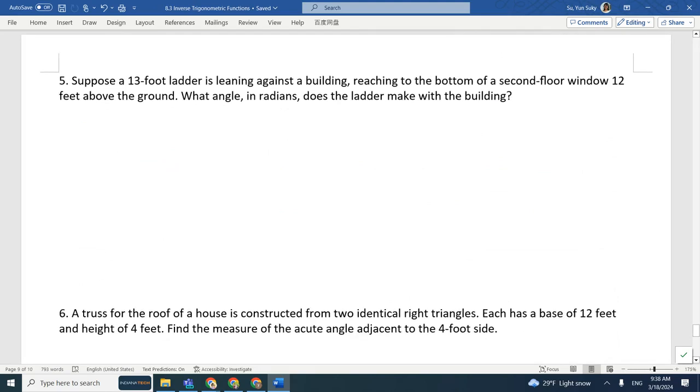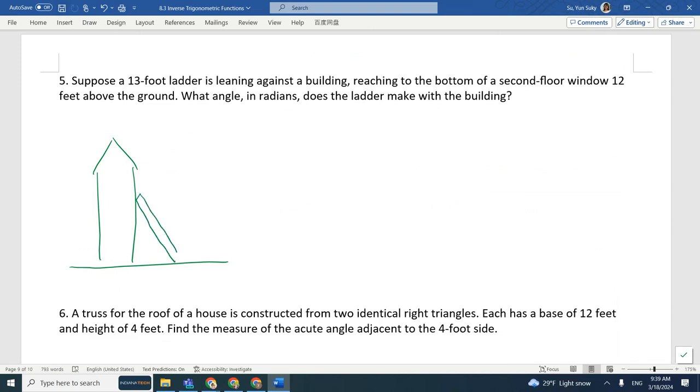We have a house, maybe like that. And we have a ladder leaning against a building, reaching the bottom of a second floor window. Let's say this is the first floor, and this is the second floor window, and it's 12 feet above the ground, and then the ladder is 13 feet.